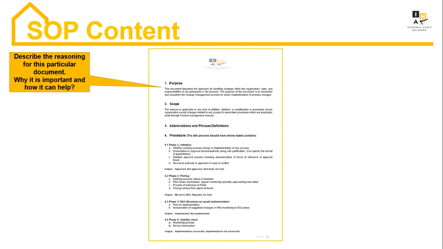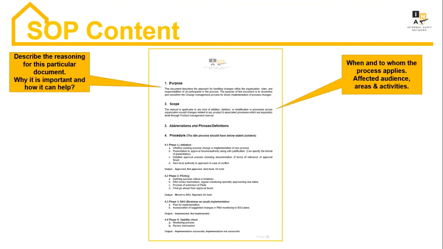In this example, this document describes the approach for handling changes within the organization, and the roles and responsibilities of all participants in the process. The purpose of this document is to streamline and smoothen the change management process for timely implementation of any process changes, so that we can have a proper process change.